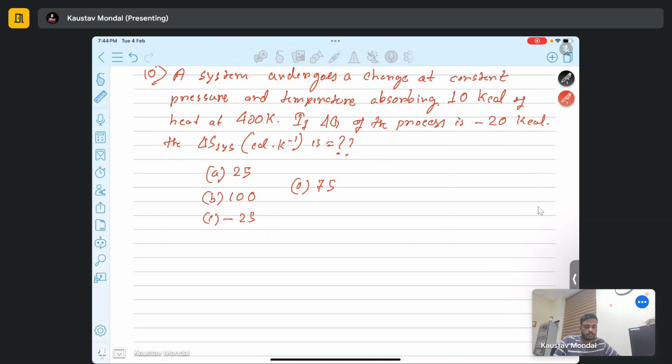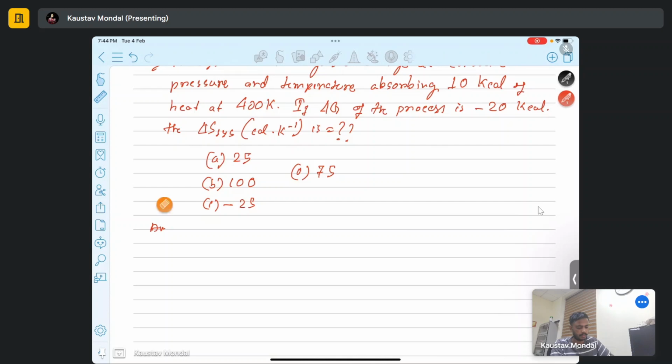So to solve this, let's first write the things that are supplied. First, delta G, that is the change in Gibbs energy, is given as minus 20 kilocalorie.